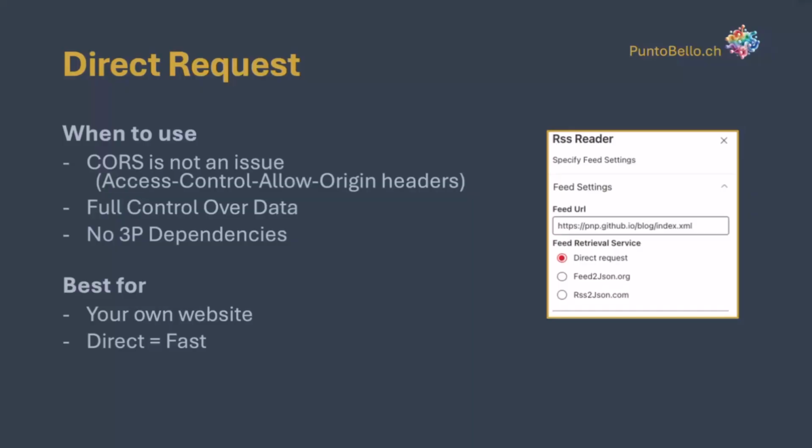Also when we want full control of the data and do not want third-party dependencies, like some SaaS or own implementation. It's based on the website, and because it's direct, it's really fast. So if we need performance, it's the best way to go.